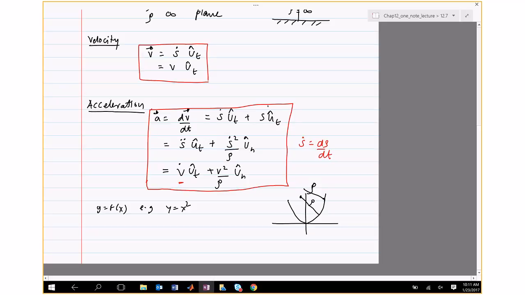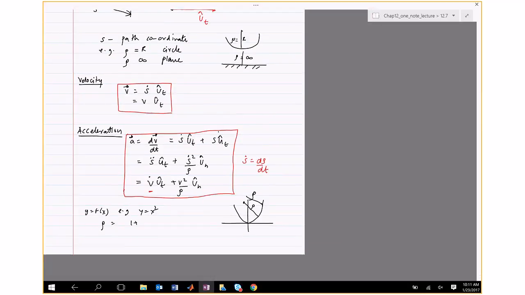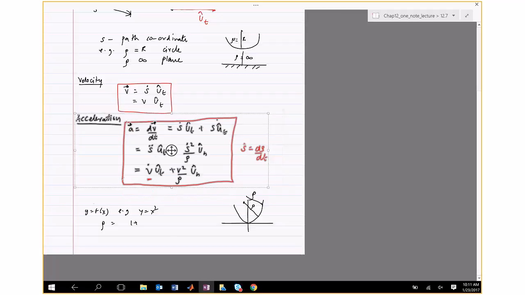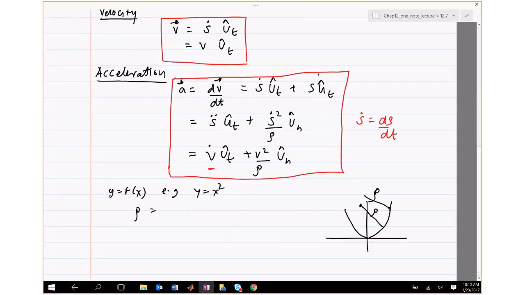Well, rho is given by this expression: 1 plus dy dx, the whole squared.